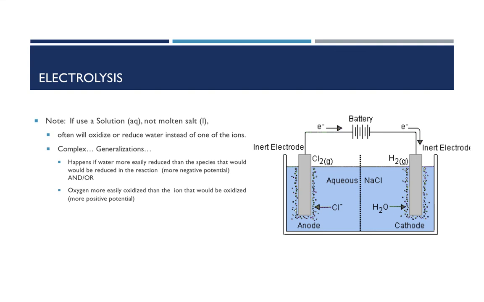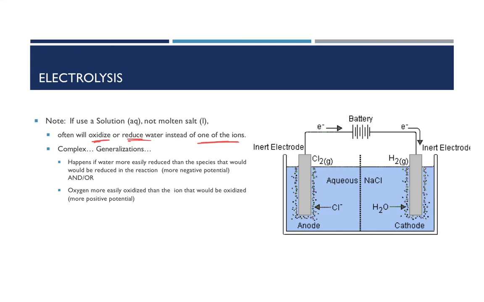So in the previous situations that we showed you, we had some where the substance going through electrolysis was a molten salt versus an aqueous solution. The last one we showed you was an aqueous solution. Well, if you use a solution that is aqueous and not a molten salt, what will oftentimes happen is it will oxidize or reduce water instead of one of the ions, because of the difference in reduction potentials.